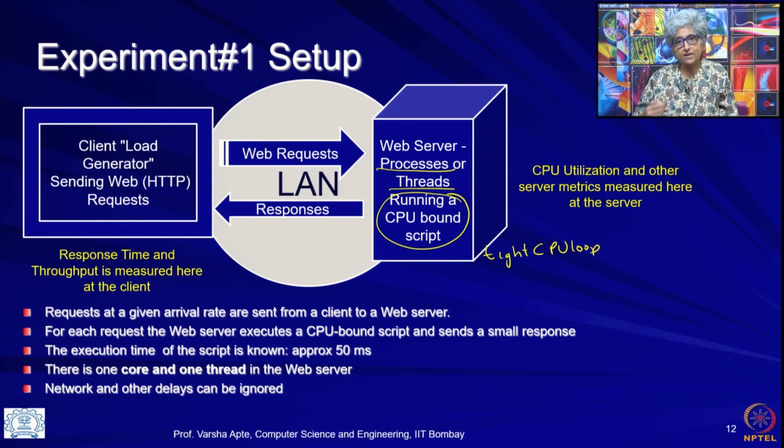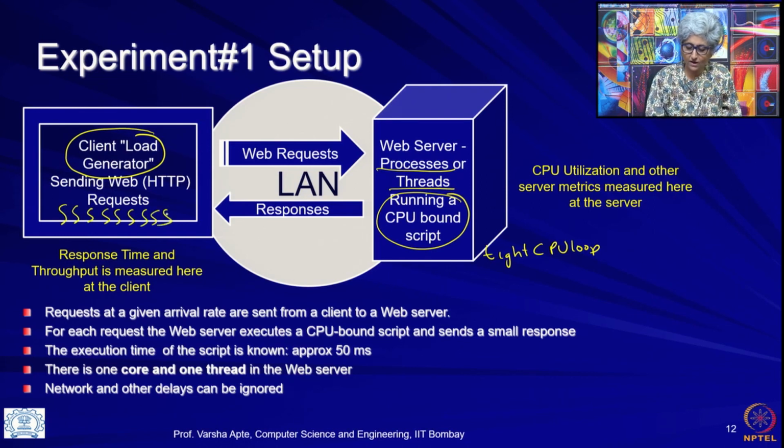Now, if we want to study the behavior of this web server under some kind of load, then we need to have load coming to it. Since it is an experiment, we need to generate that load artificially, and you can get software which generates artificial web server requests. There are basically threads here that behave like users, and these threads send requests to the web server.